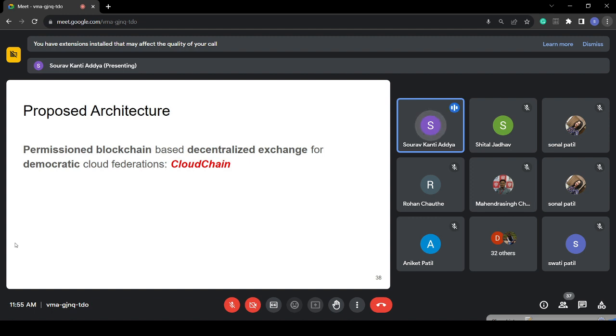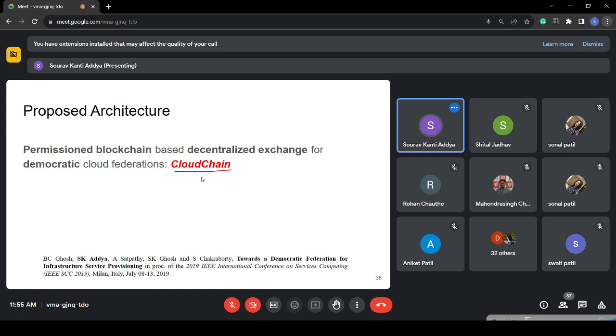We called the proposed model CloudChain, a permissioned blockchain-based decentralized exchange for democratic cloud federation. It was published in 2019, for the first time. Before that, this kind of thing was not there, and that conference happened in Milan, Italy.